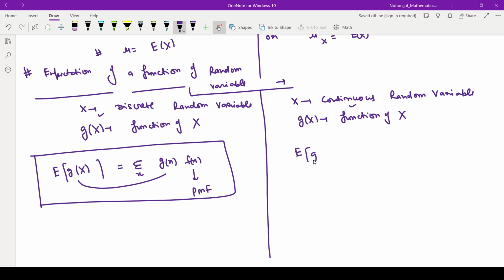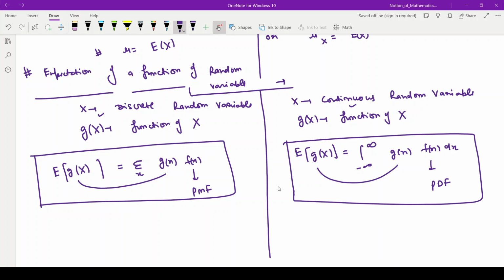So how to define the expectation of g(X)? That is minus infinity to infinity g(x) into f(x) dx, where f(x) is the associated probability density function. So this was one more aspect of expectation.